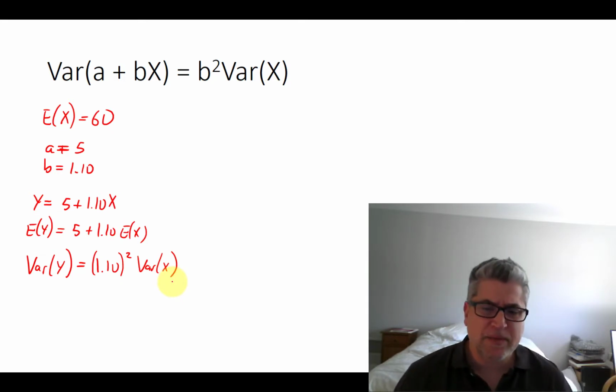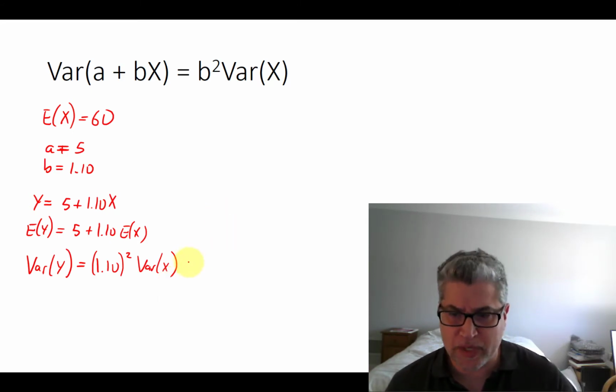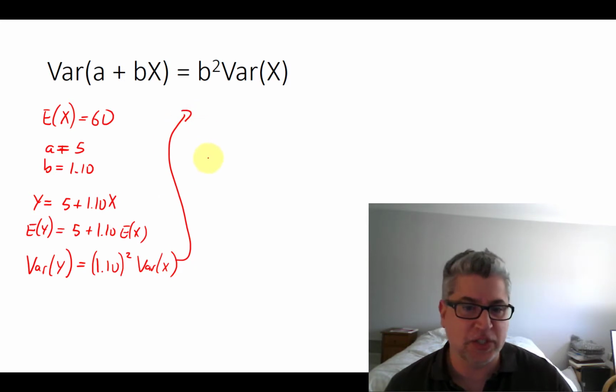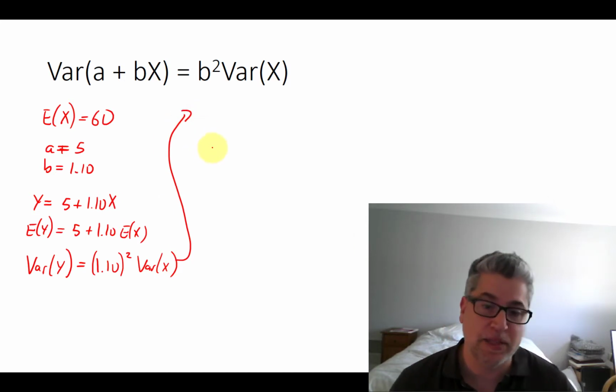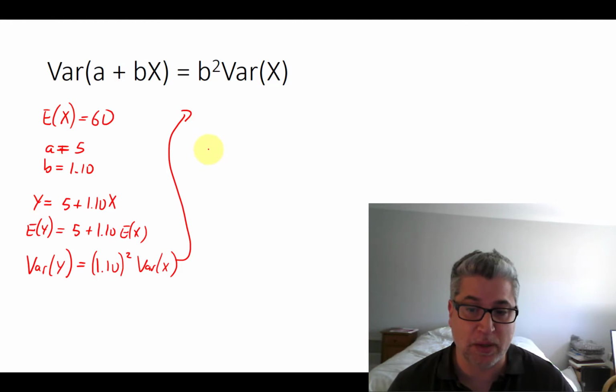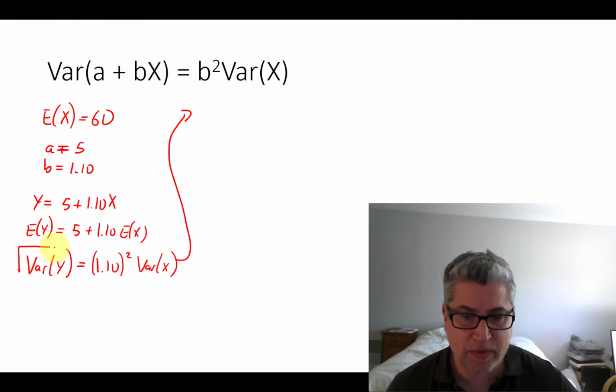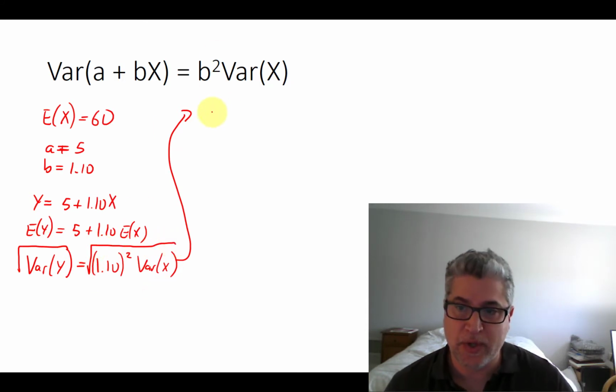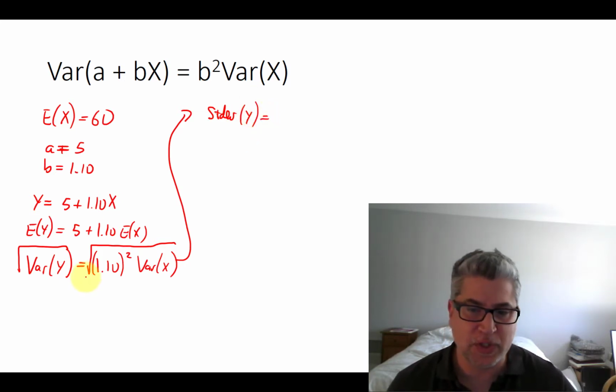Now this is a little bit hard to interpret, squared variances. This is one reason why a lot of statisticians translate these problems into standard deviation problems. So if you were to take the square root of both sides, then you would get the standard deviation of y is equal to the square root of 1.1 squared, right?